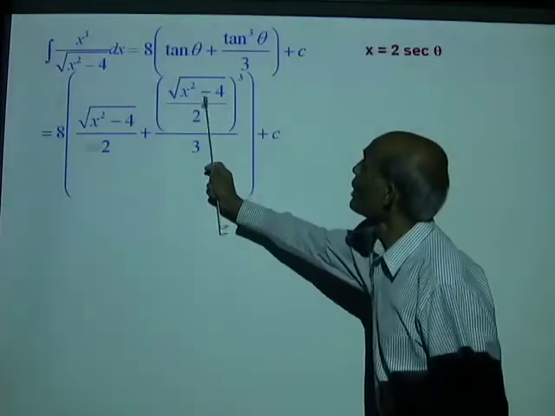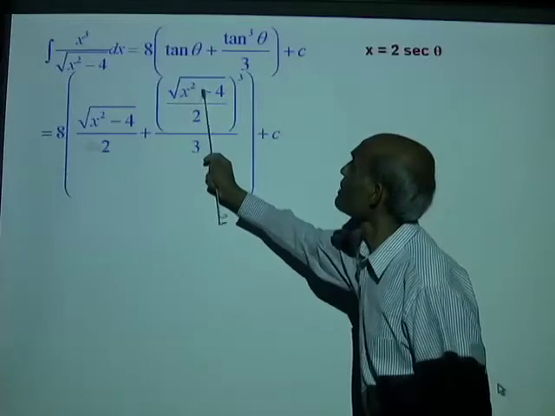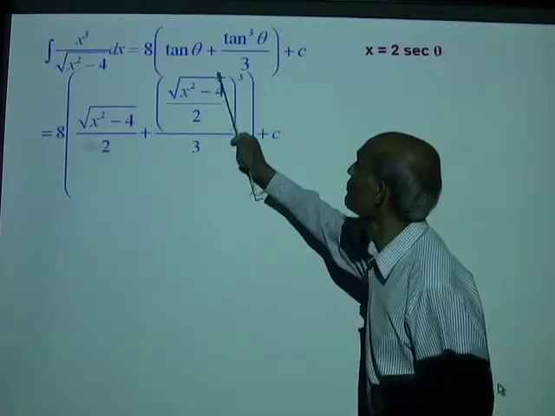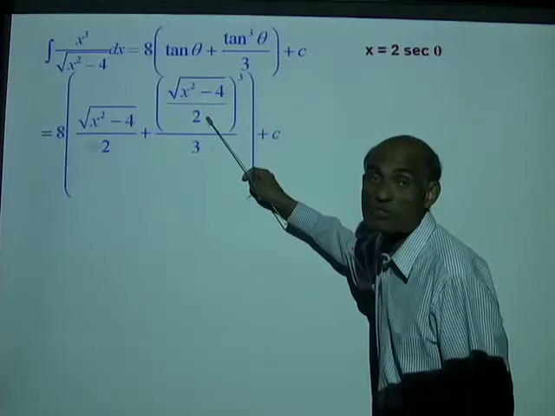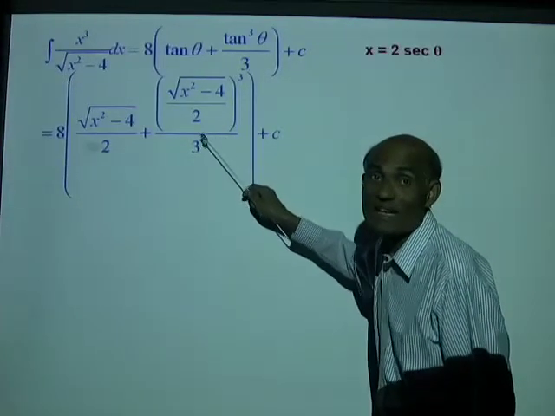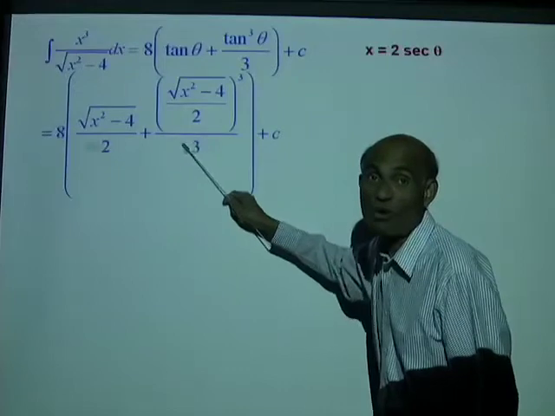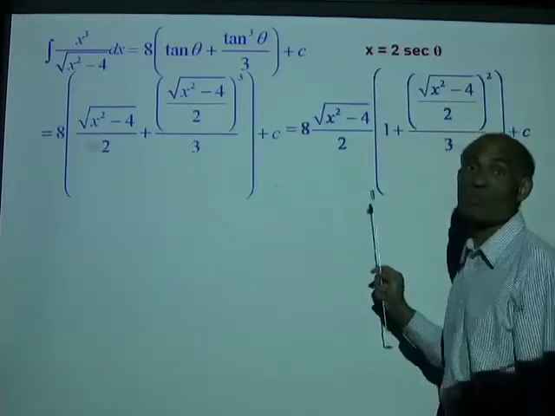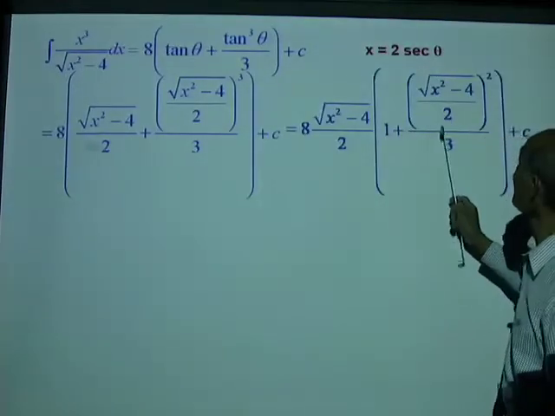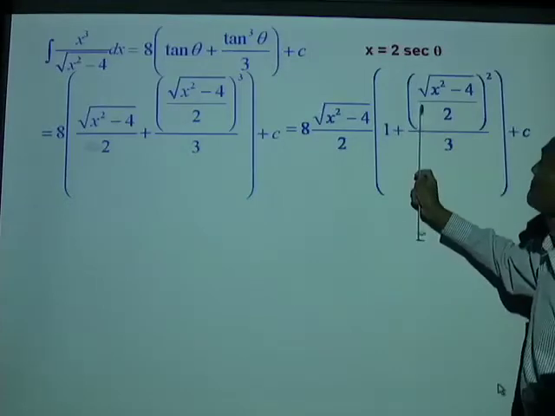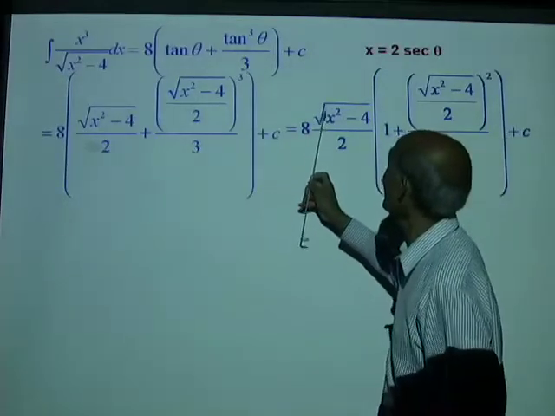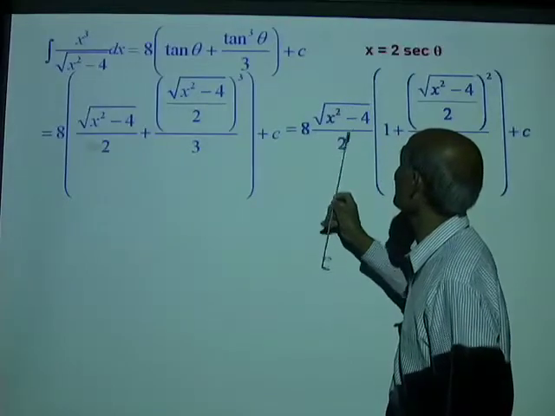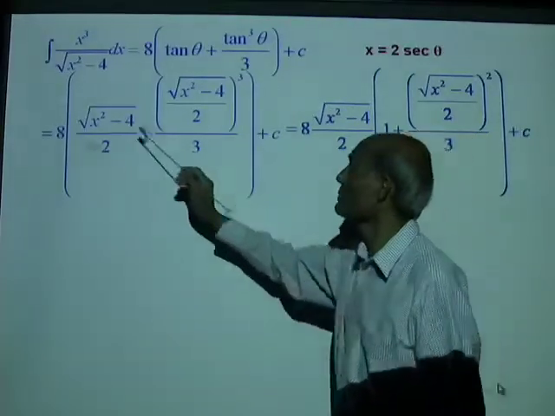Now, one way to look at this is square root x squared minus 4 to the power of 3 divided by 2 cube. And that 2 cube is 8. 8 times 3 is 24. The denominator there will be 24. What I've done is, I have factored out a square root of x squared minus 4 over 2. Now look at that.